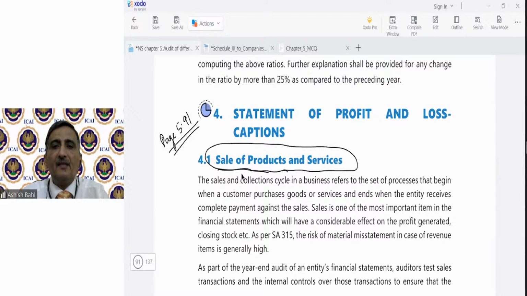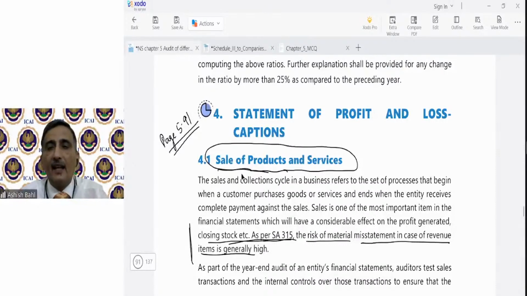SA 315 states that risk of material misstatements in case of revenue items is generally high. There is a risk, there is a chance that the companies may misstate their sales, that they may show fictitious sales, or the sales may be understated.